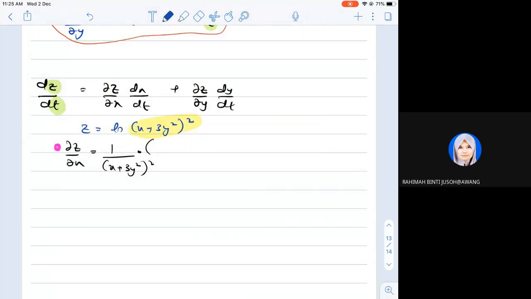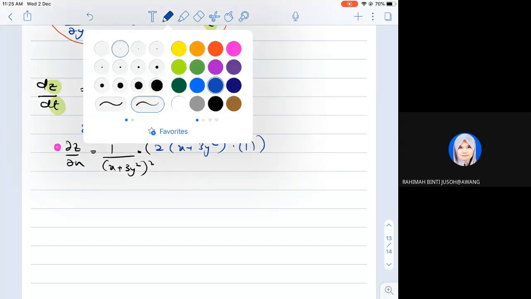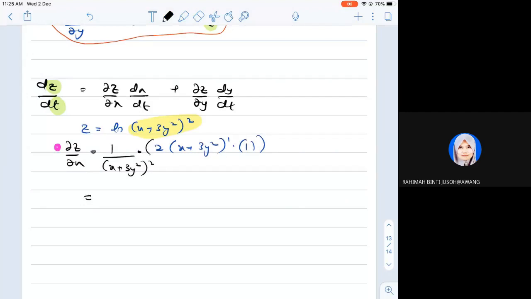So we will have 2 multiplied by X plus 3y squared to the power of 1, and then multiply by 1. Like this. Okay? A bit long. Alright, so now it becomes 2 times 1, so 2.